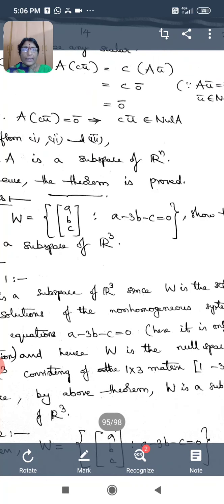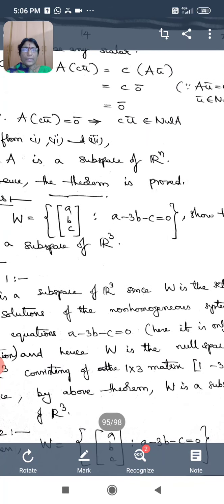Capital A times c u bar is equal to 0 bar. So this means c u bar, when multiplied to the matrix A, gives rise to the 0 vector. This means c u bar is an element of null A by the definition of null A in equation 1. Therefore c u bar belongs to null A.